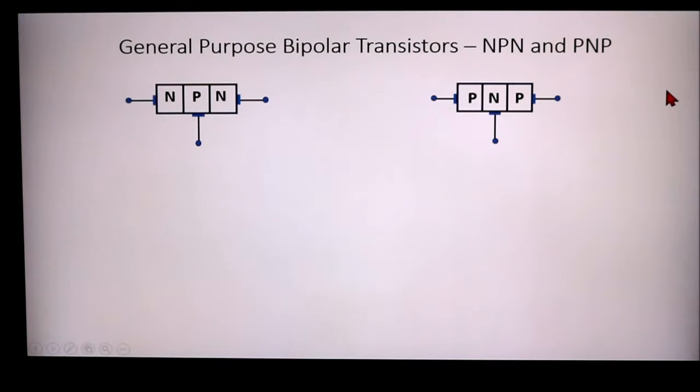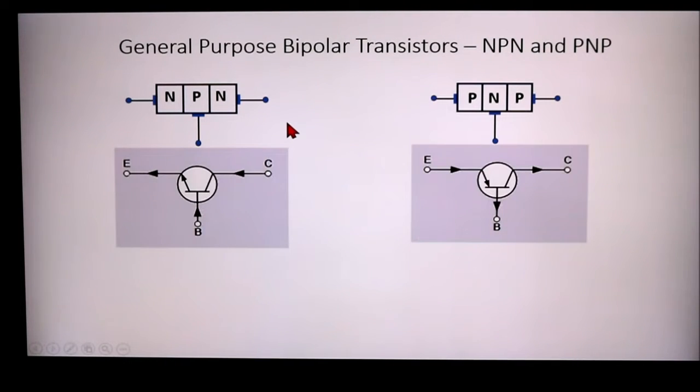General purpose bipolar transistors look like a sandwich of N material, P material, and N material. And this is a typical NPN transistor. The terminals are called the emitter, the collector, and the base.